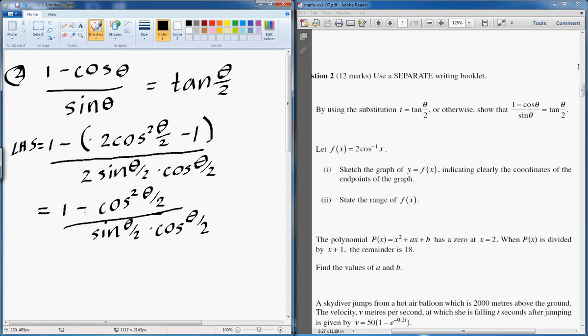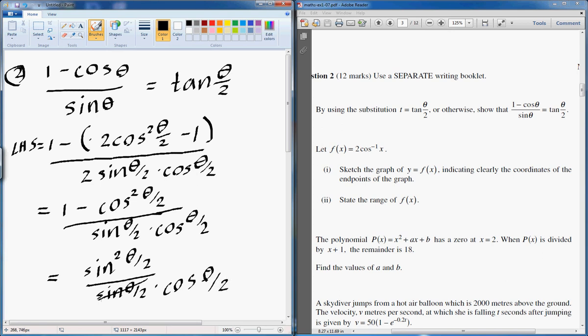Alright, now this part of the equation should be, if you remember, cos squared plus sine squared is equal to 1. So therefore, this part is equal to sine squared theta on 2. Now you should be starting to see what I'm getting at. So sine squared theta on 2, and the bottom part is sine theta on 2 times cos theta on 2.